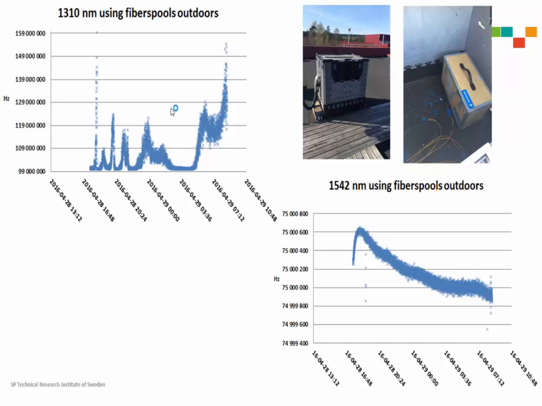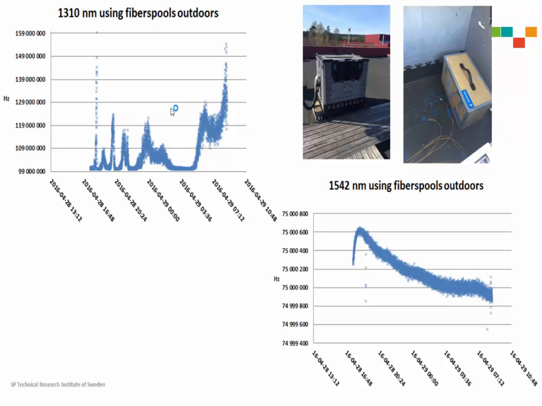It didn't go that well. In the first 6 hours it worked, then it got really worse. It's a common problem, since we know from the school books that fibers at 1310 nanometer are affected by humidity, and it was really humid outside during this period.